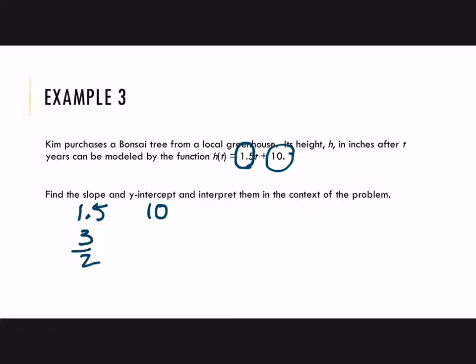Okay. Now interpret them in the context of the problem. This means describe what slope and y-intercept mean in terms of the two variables. So what does this have to do with the tree's height in inches and t in years?